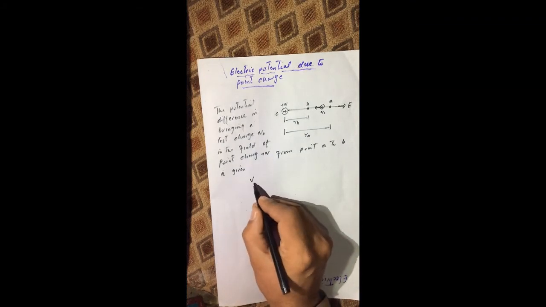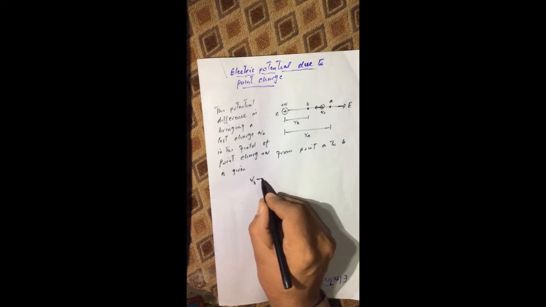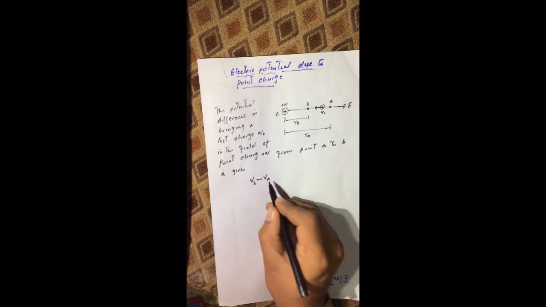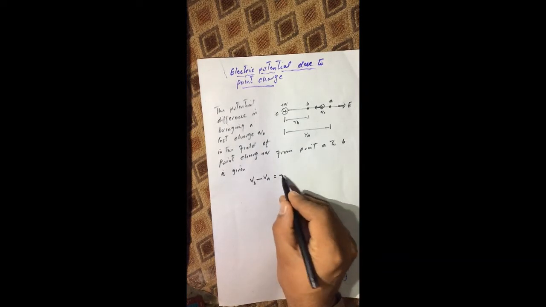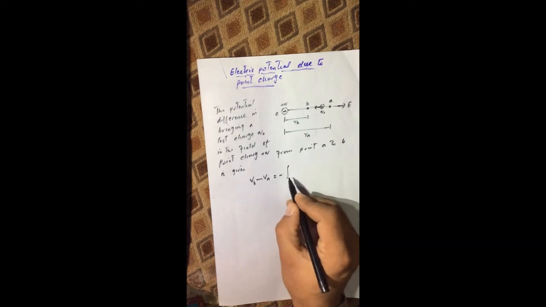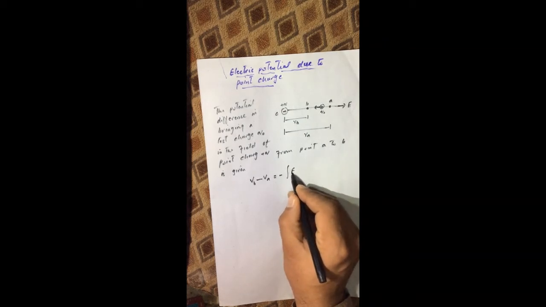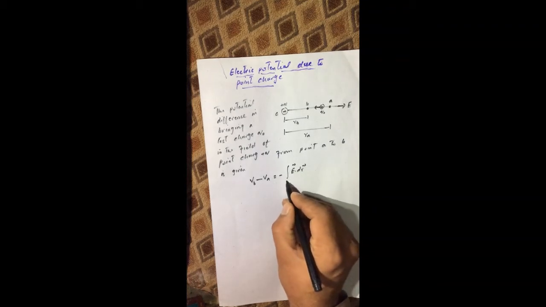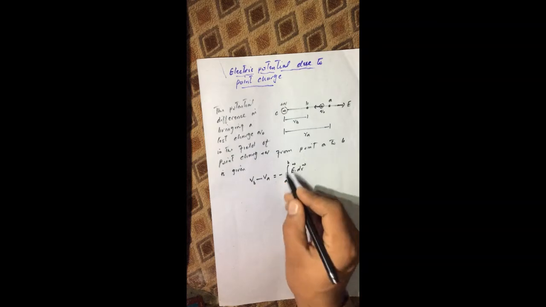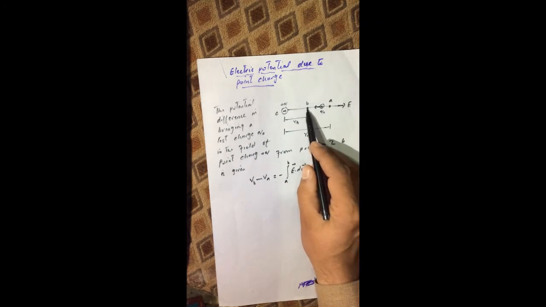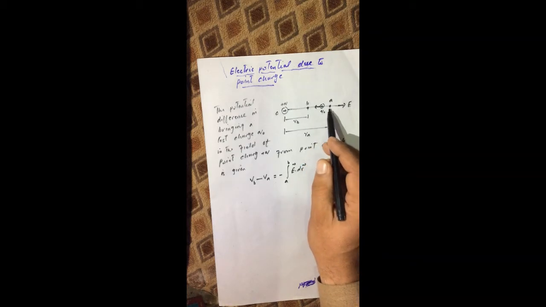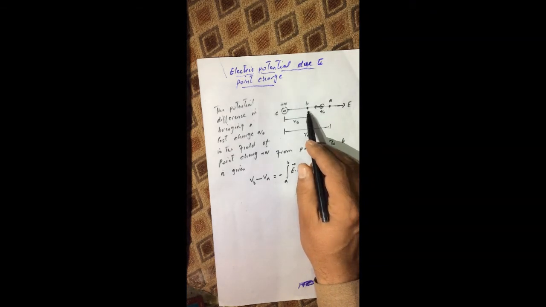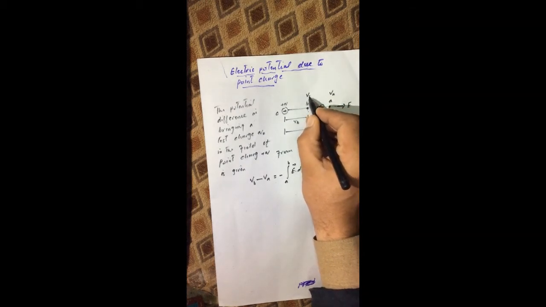The potential difference in bringing a charge from point A to B is VB minus VA, which is equal to minus integral of E dot dr, and the limits of the integral are from point A to B, because we are bringing this test charge Q naught from point A to point B. Here the potential is VA, and here the potential is VB.